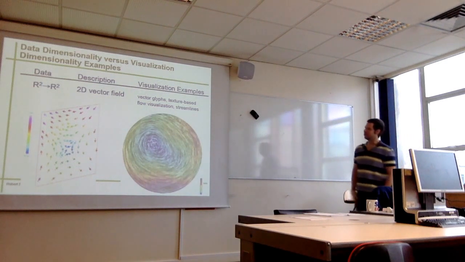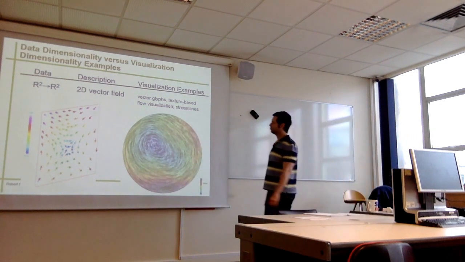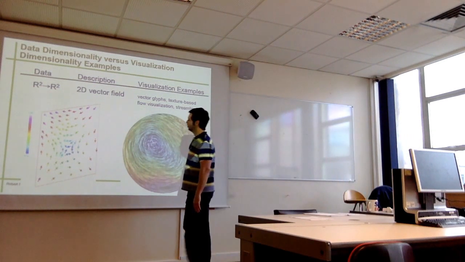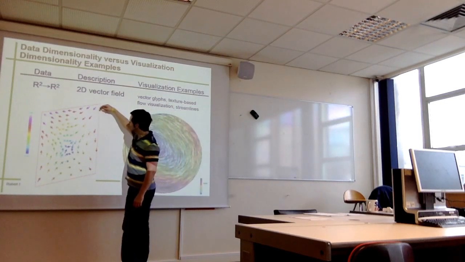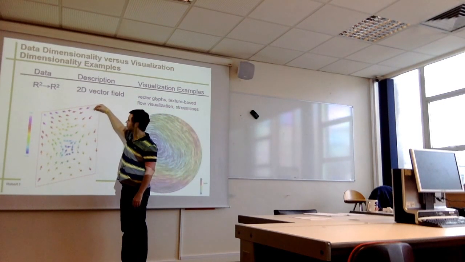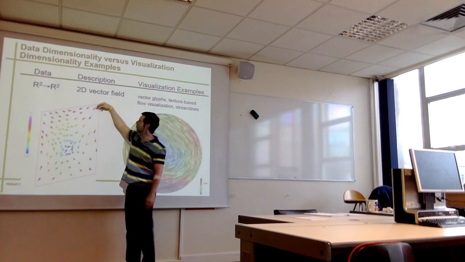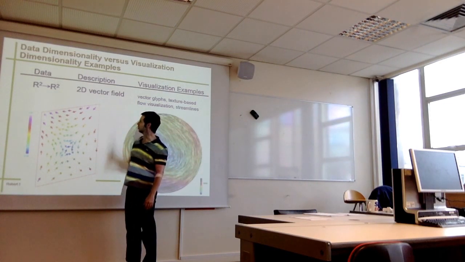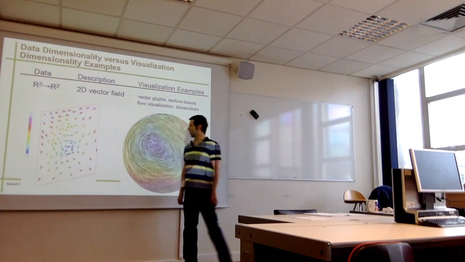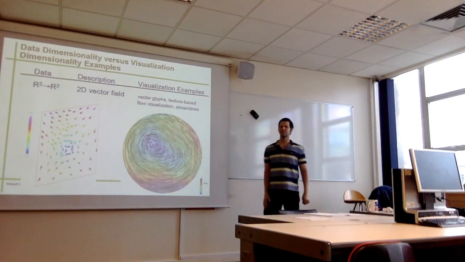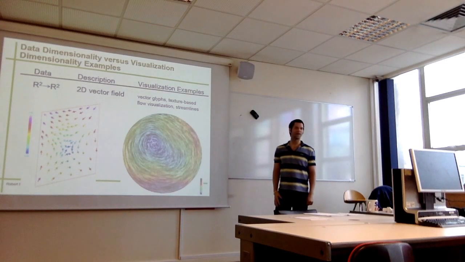These are two-dimensional data being mapped to two-dimensional visualizations. So these are two-dimensional vectors, right? Two-dimensional vectors being mapped to two-dimensional arrow glyphs. So the glyphs have an x component and a y component, so they have a direction. I'm lying a little bit. Does anybody know how I'm lying a little bit here?